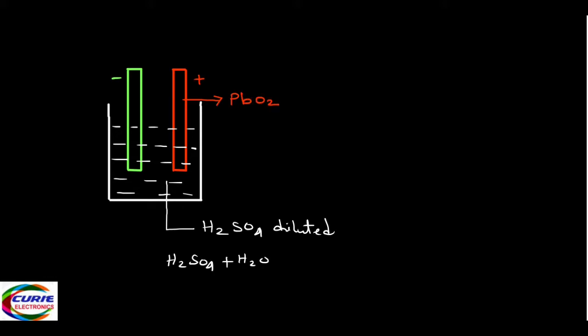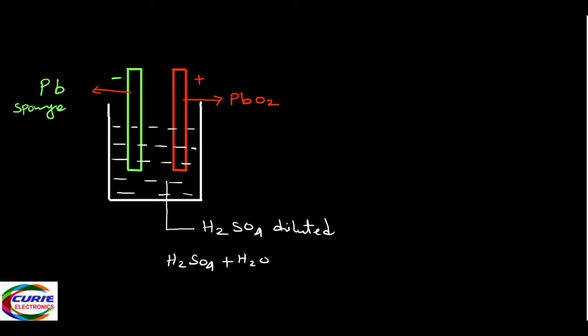And the cathode is made up of sponge lead. Lead, but it's a sponge lead, okay? Now, first we will see the process of discharging.